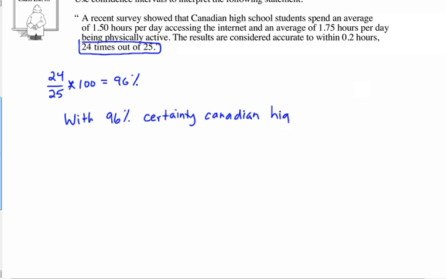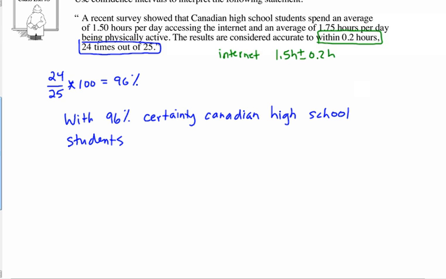Now let's figure out our ranges before we finish the rest of the statement. So first of all, our error was how much? Accurate within 0.2 hours. So that's our error. So internet was 1.5 hours plus or minus 0.2 hours.